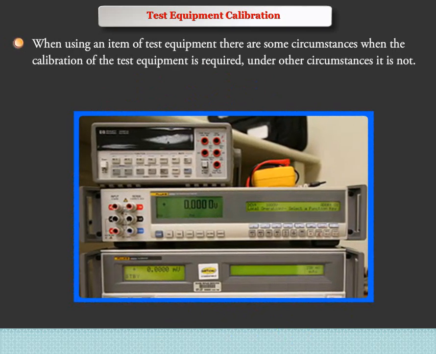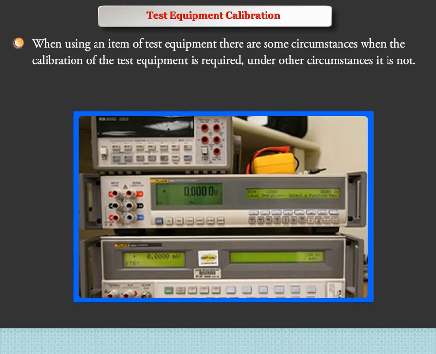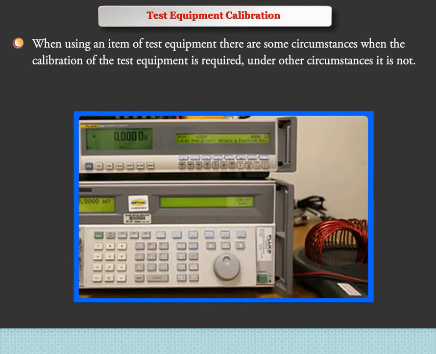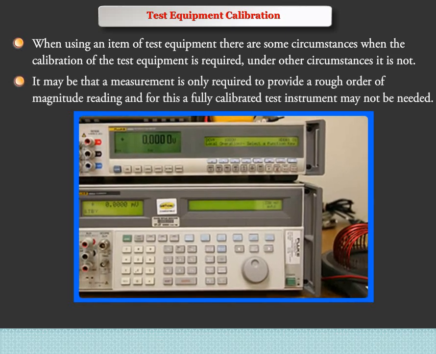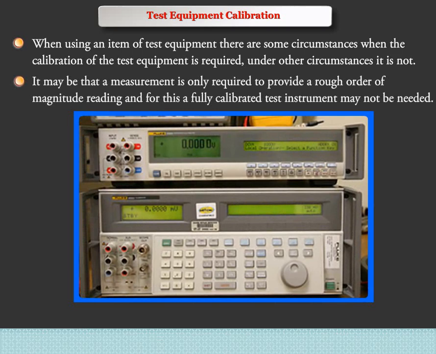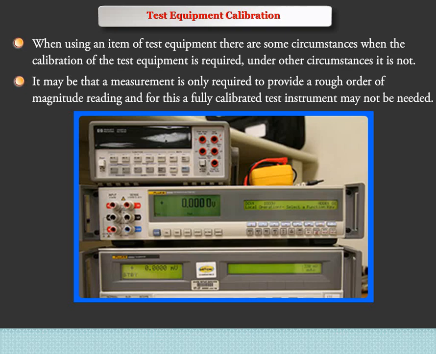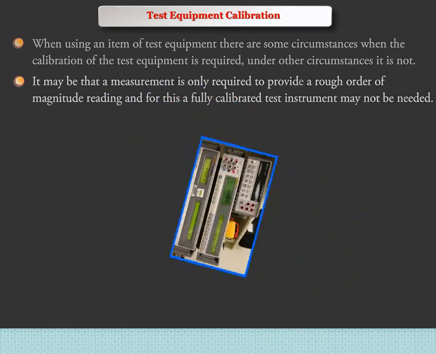When using an item of test equipment, there are some circumstances when the calibration of the test equipment is required. Under other circumstances, it is not. It may be that a measurement is only required to provide a rough order of magnitude reading, and for this, a fully calibrated test instrument may not be needed.